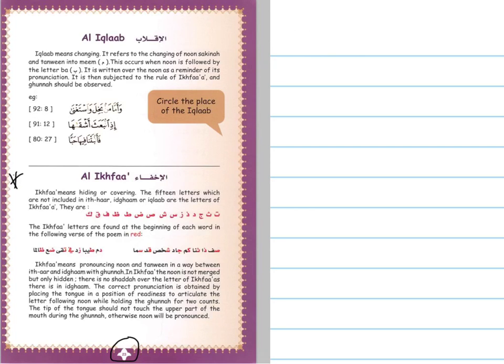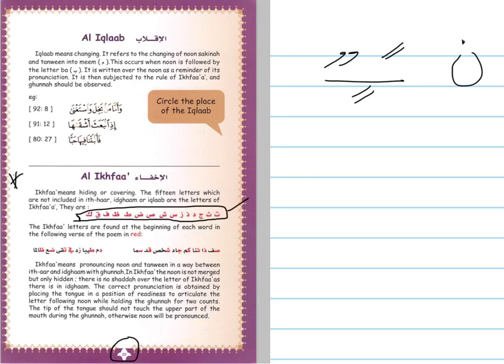But first of all, this rule is applied when you have a Noon Sakinah or a Tanween, and immediately after these is one of these 15 letters.